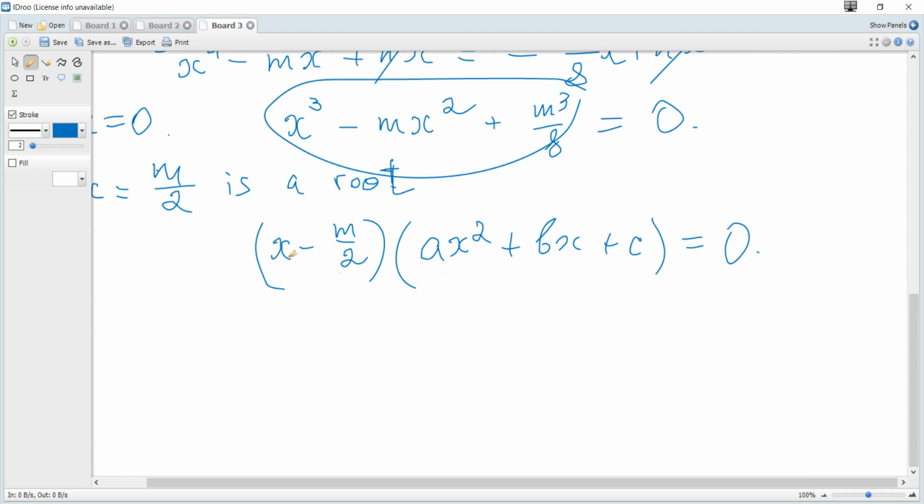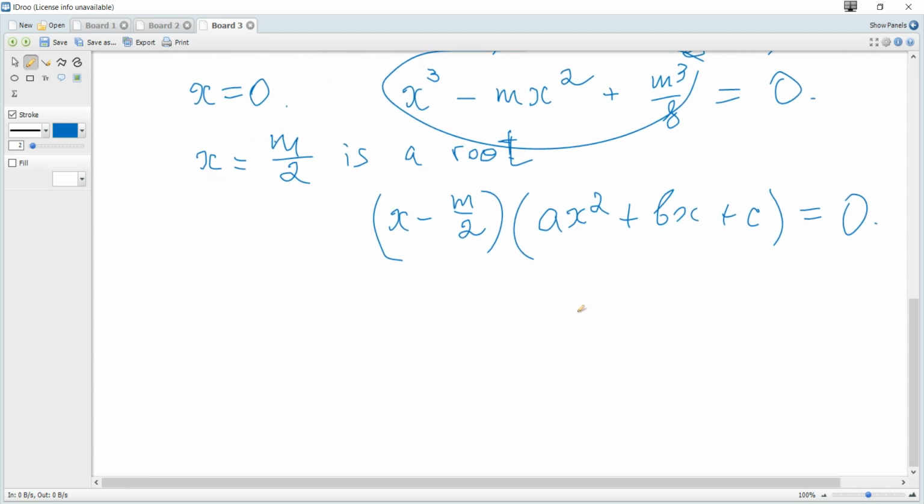You can see, for example, that a is 1. We can deduce it now. Why? Because x cubed can be obtained only when x is multiplied by this, and to be 1, a is 1.